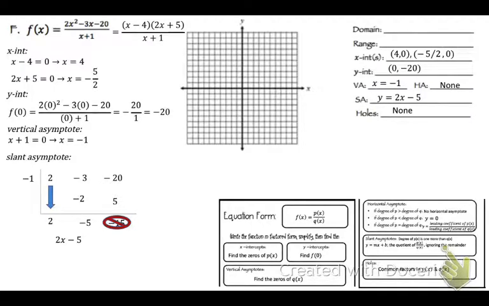Now let's just graph what we know. So my x-intercept's (4, 0), so there's that one. And (negative 5 halves, 0), which is negative 2.5. So right there. Y-intercept, that's going to be off the graph, so we can't graph that one. My vertical asymptote is x equals negative 1. So there's that. My slant asymptote is y equals 2x minus 5.